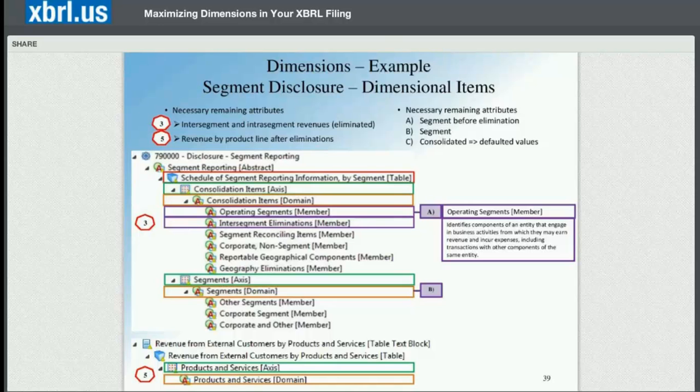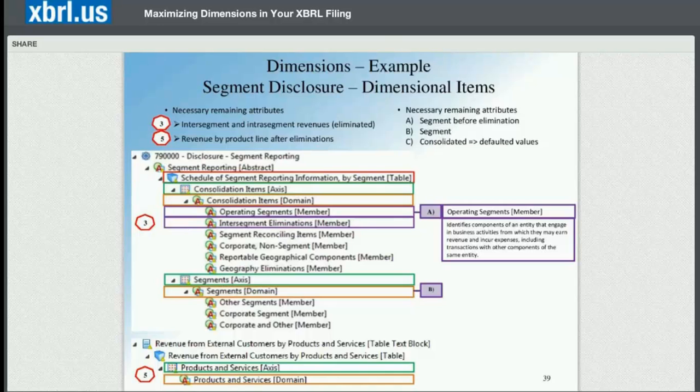I have a segments axis with a segments domain that has three members in it, but none of which are applicable to me in this case. But I'm going to populate that domain with extended members that represent my unique segments for my unique operation, because every company's reportable segments are unique to that entity itself.